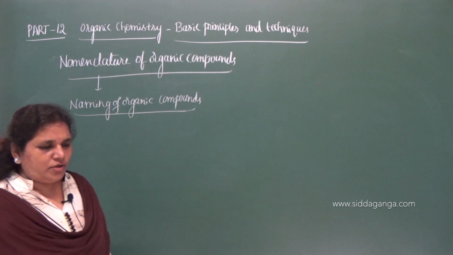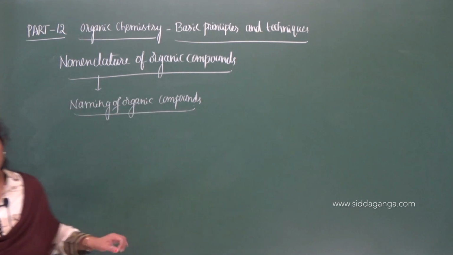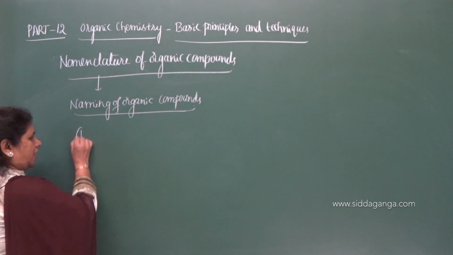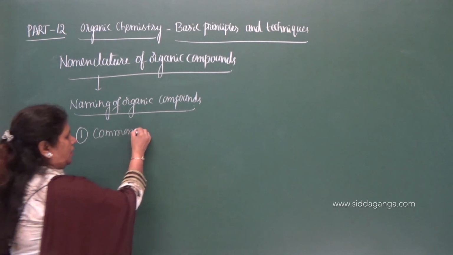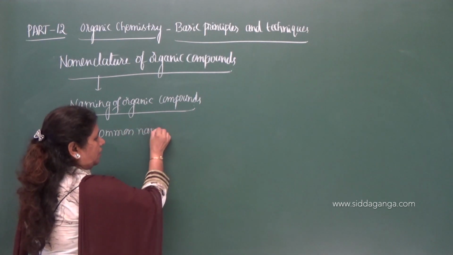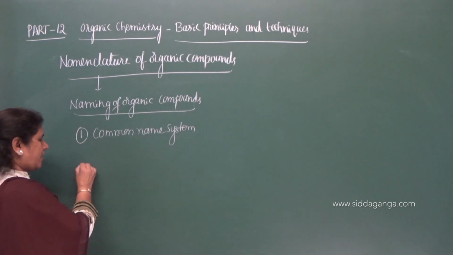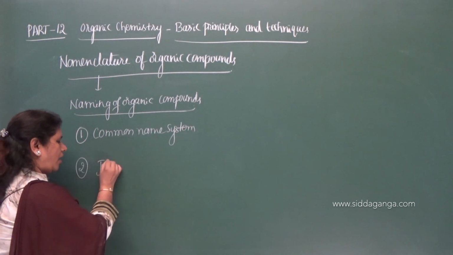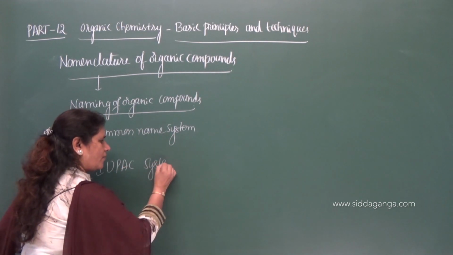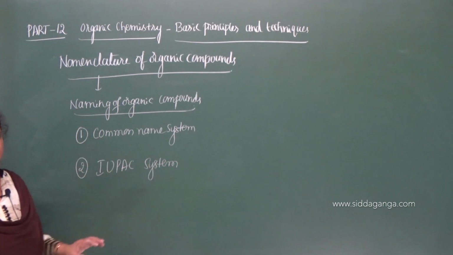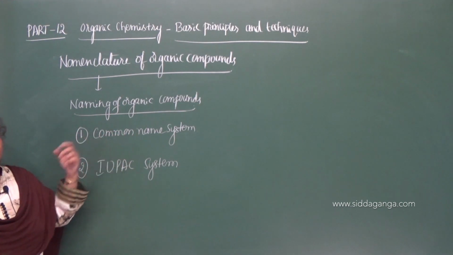So there are two systems for naming the organic compounds. What are those? The first one is the common name system, and the second one is the IUPAC system. Two systems are there to name the organic compounds.